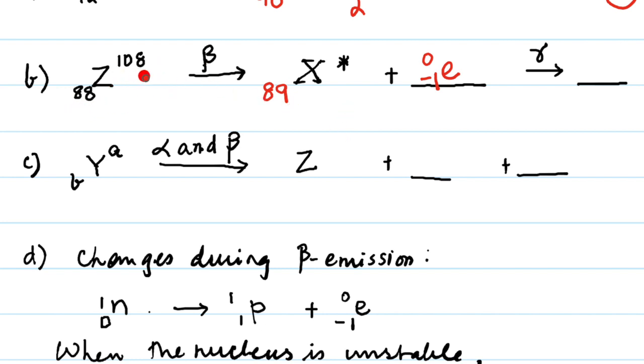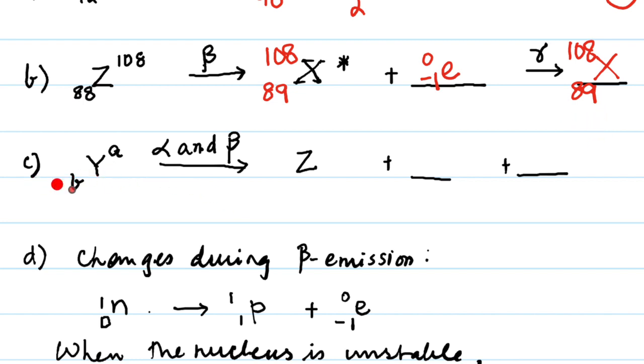Will the mass number change? No. So it will be 108 as it is. But it is also emitting a gamma ray. That's why it's written here with an asterisk. So it will be X. It will not become another element. It will be X with the same atomic mass 108 and same atomic number 89.